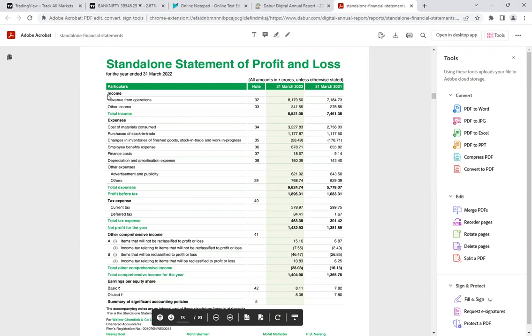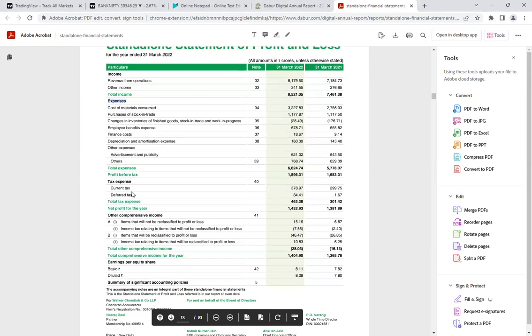The income details are provided at the top, and then the expenses details are provided next, and finally profit before tax, and after tax, the net profit for the year.